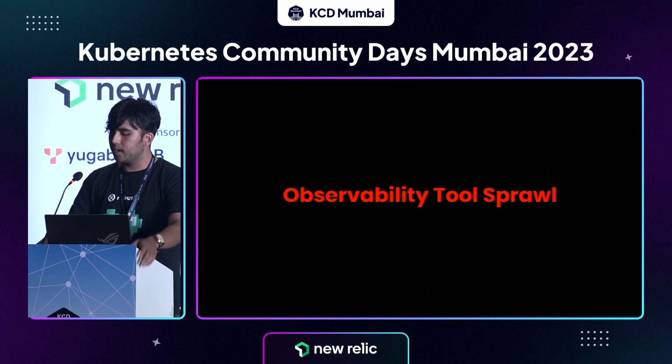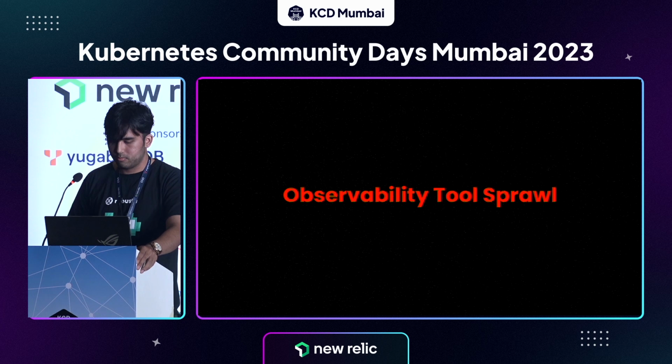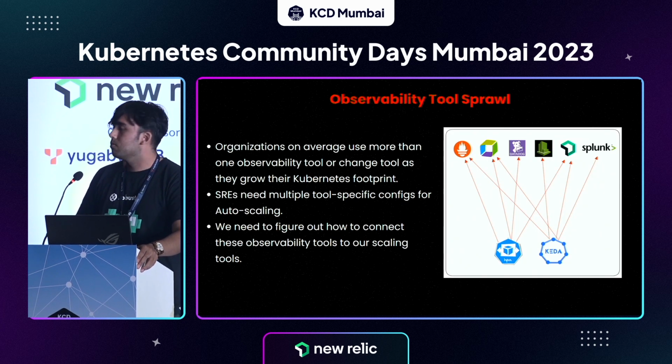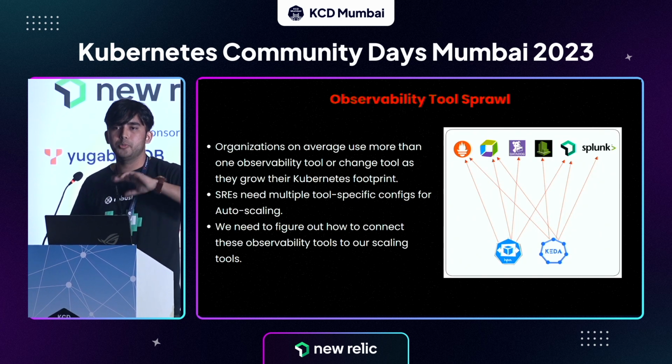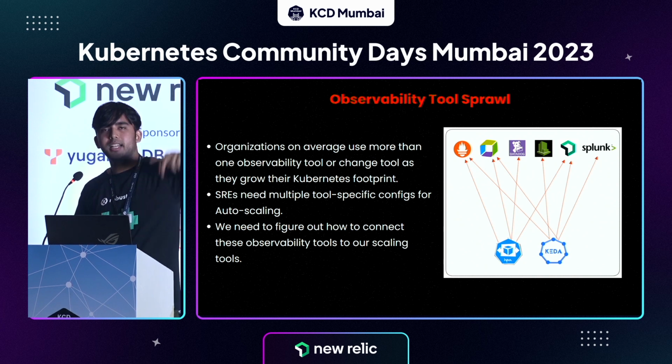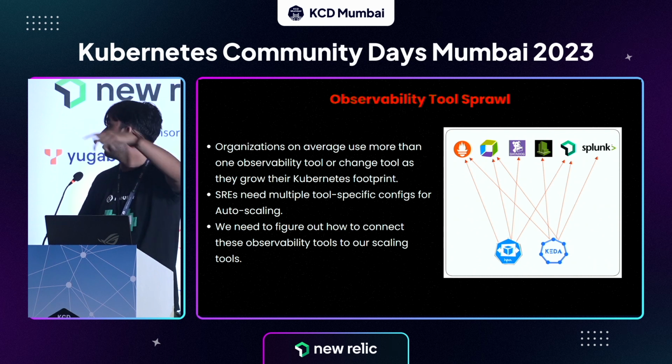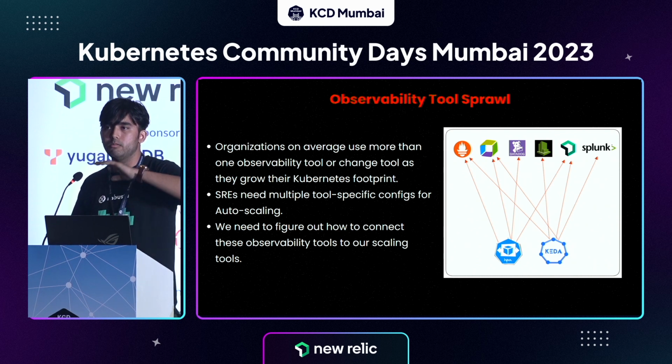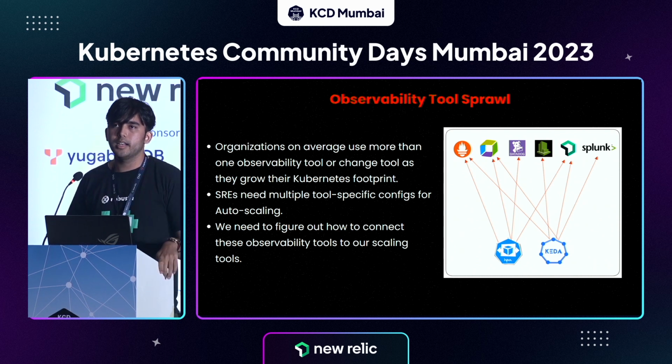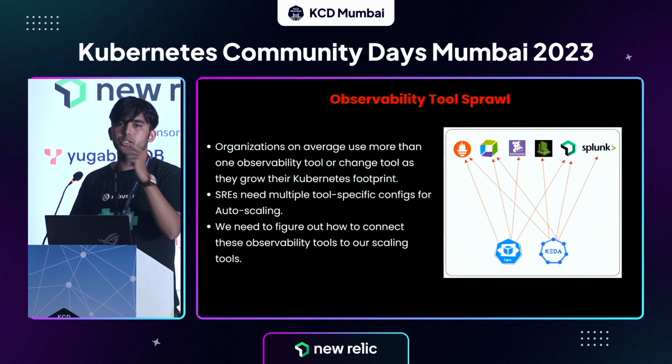Now comes the main part, observability tools sprawl. As I told you, HPA scrapes metrics from observability providers like Prometheus, Dynatrace, Datadog. When you are working in an organization, there can be a lot of tools which you are using to scrape metrics from.